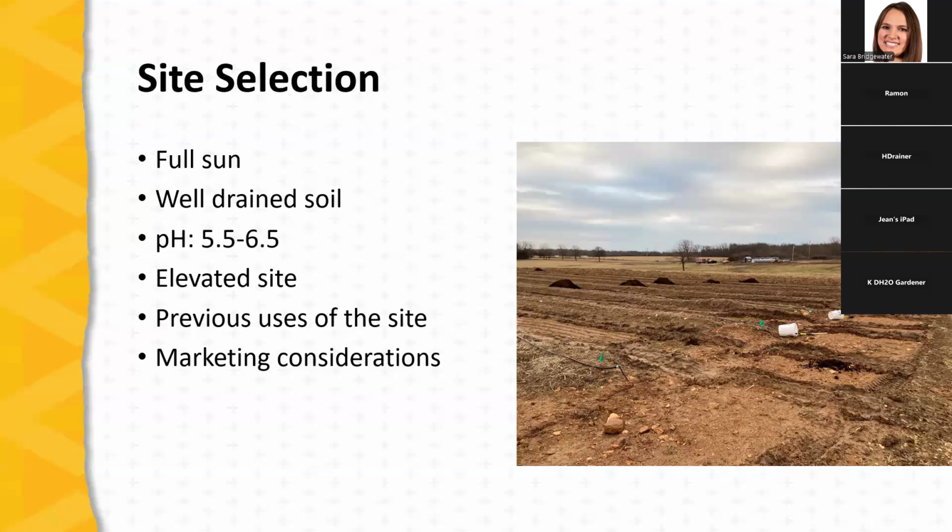It's important to know what was grown in that site before. You don't want to plant where there have already been brambles or strawberries in that soil. We usually recommend a long-term rotation to avoid accumulation of soil-borne diseases.